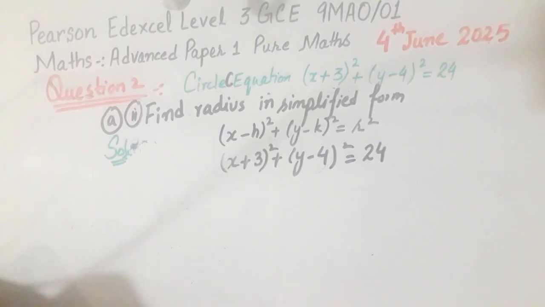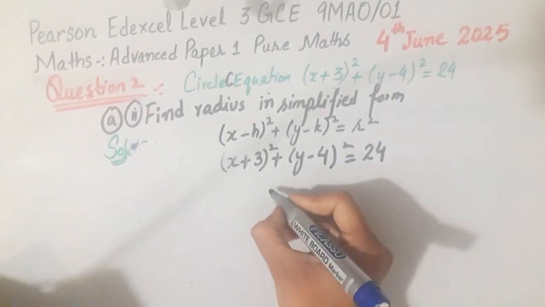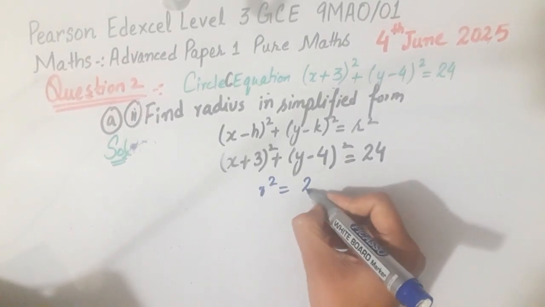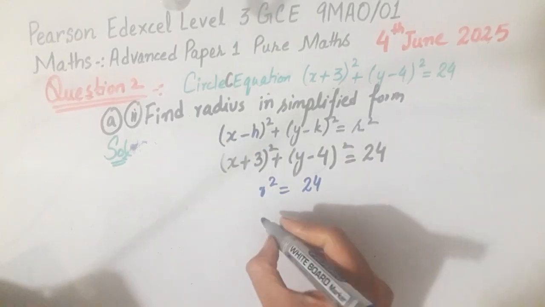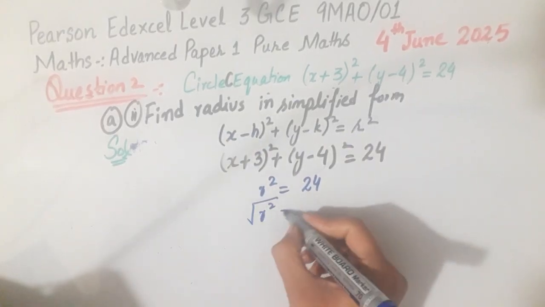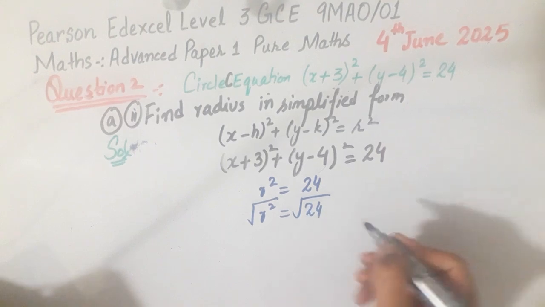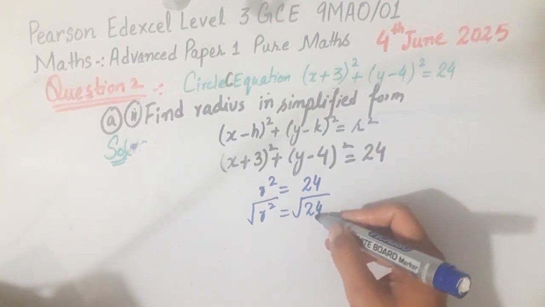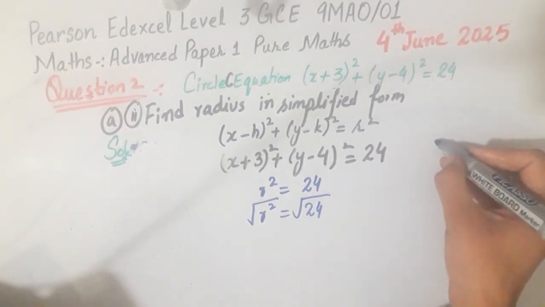That means we get r squared equals 24. We have to find the value of r. For this purpose we will take the square root on both sides. So by taking the square root we have root 24.